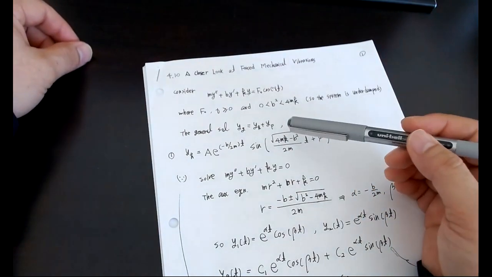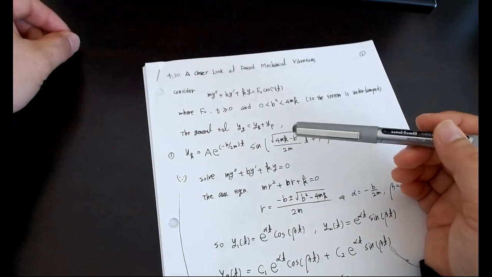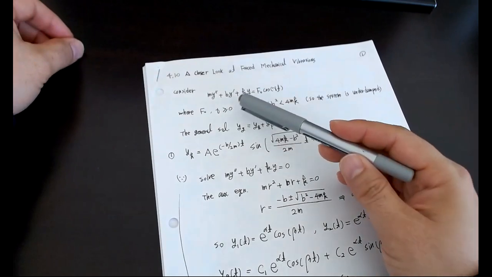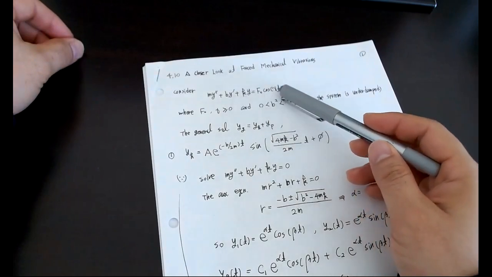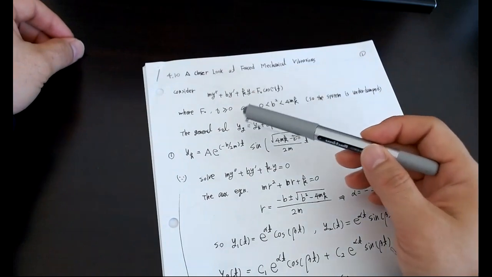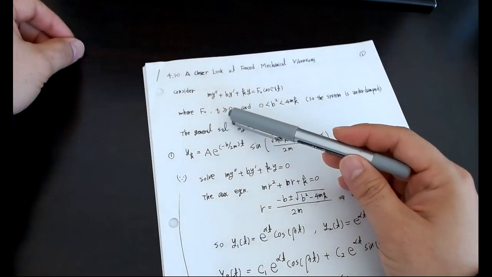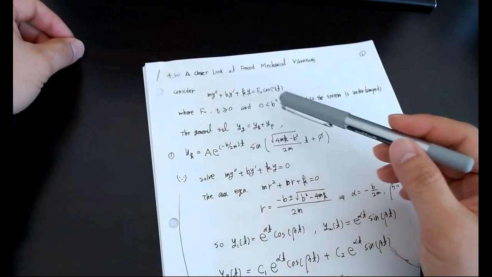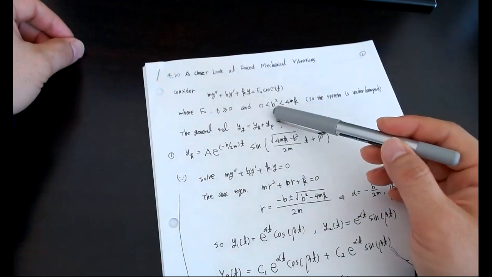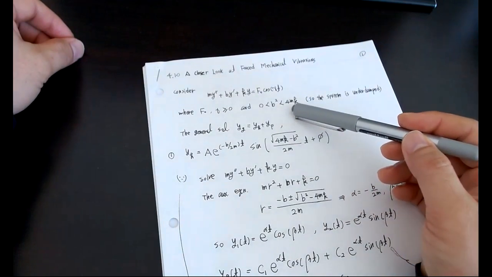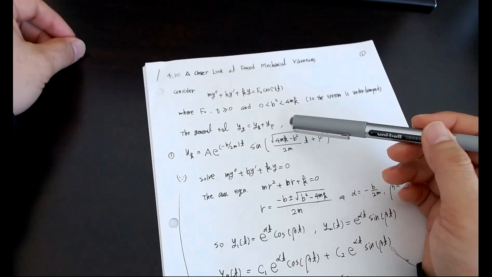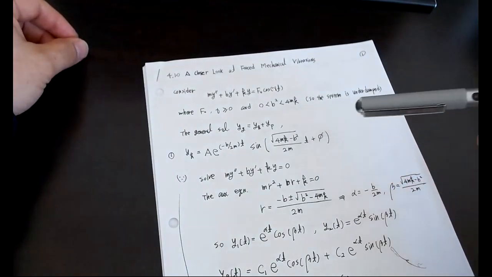In particular, we're interested in the mass spring system with that source function, where f0 and gamma are non-zero constants, and b squared is less than 4mk. That means the system is an underdamped system.